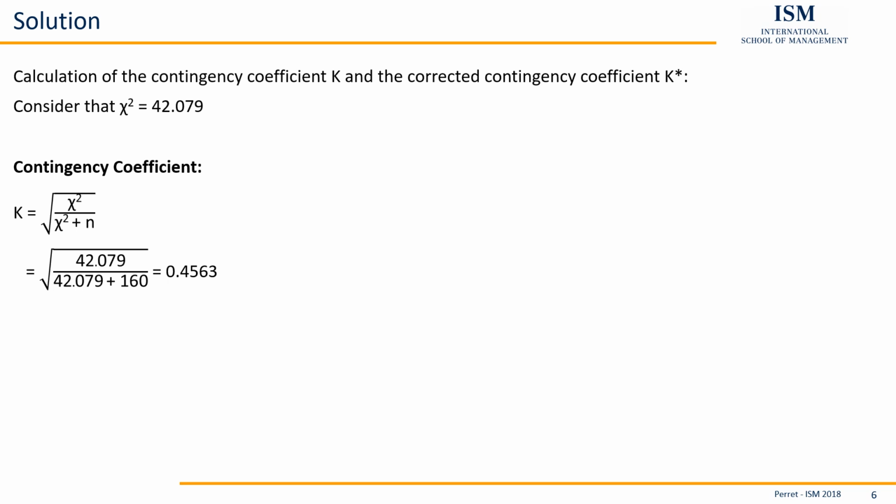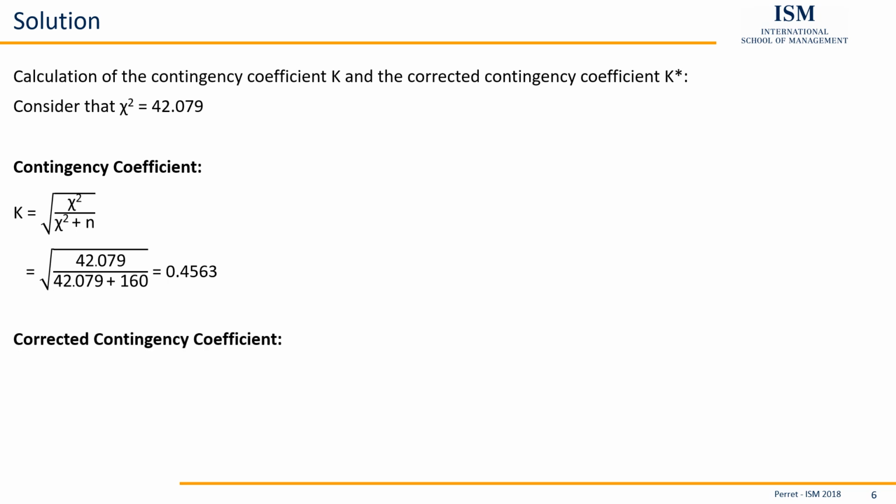We argued with the chi-squared statistic that if we have more cells in our contingency table, we will add up more terms, meaning larger contingency tables have a higher potential of leading to a larger chi-squared value and thus to a larger contingency coefficient. So we need to control for the size of our contingency table as well.